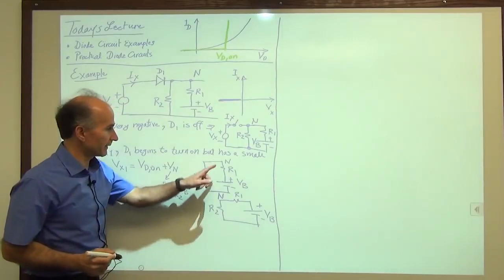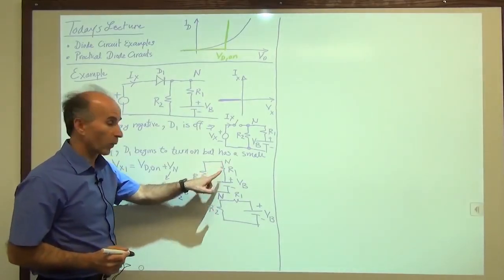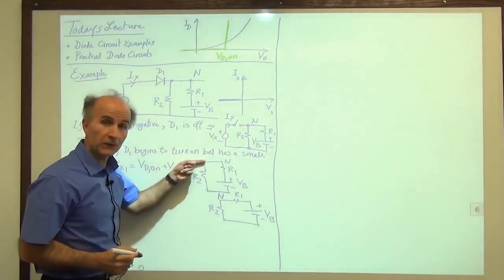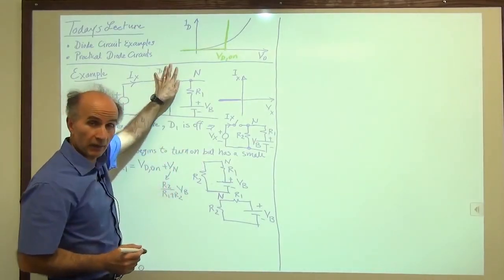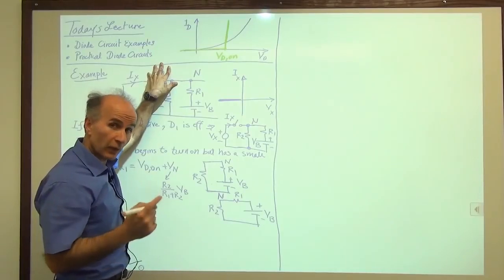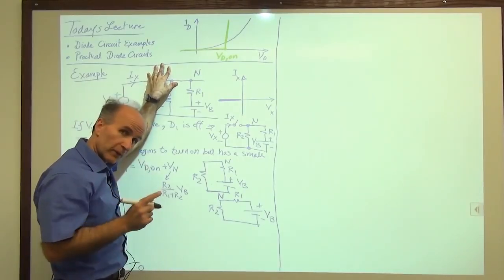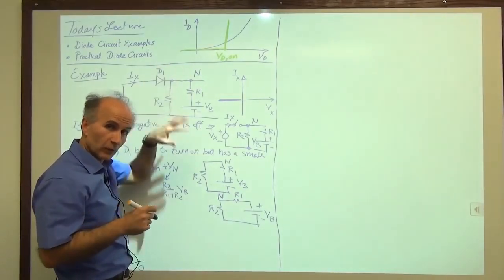That is the voltage present at this node when we are not disturbing it by anything else. When the current coming from this diode is very, very small, it is as if the diode were an open circuit. It's not quite an open circuit, but the current is just so small that we don't have to worry about it.